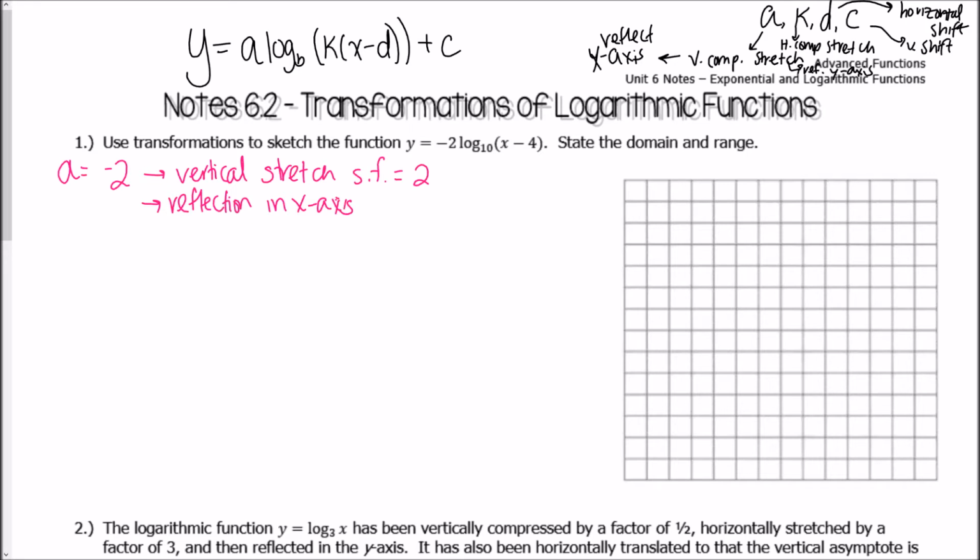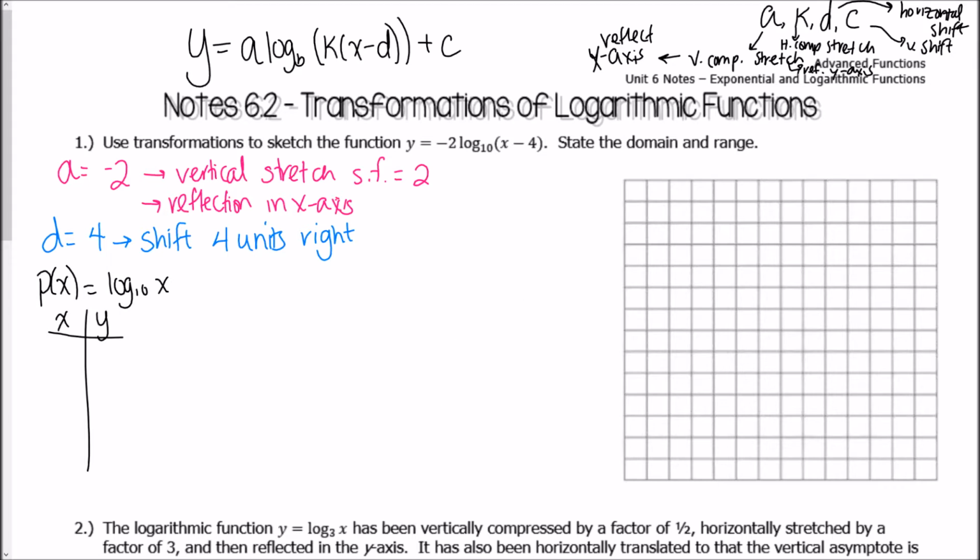Okay, and then we also know that d equals 4 right here. So that means that we have a shift 4 units to the right.